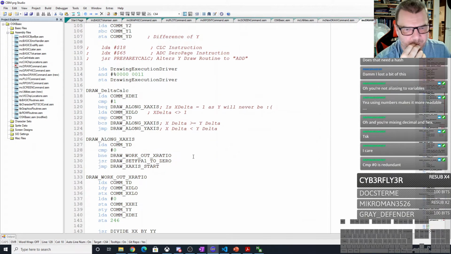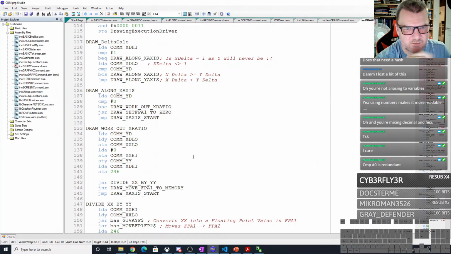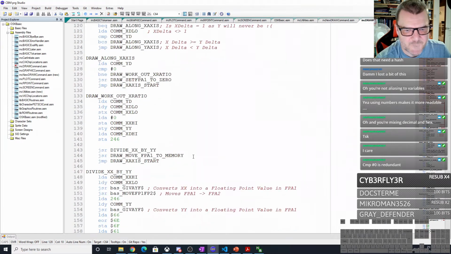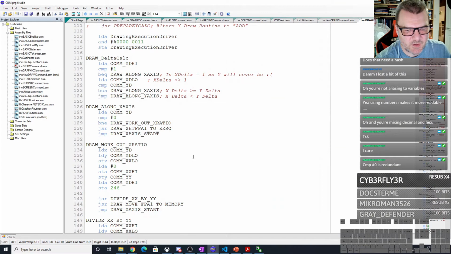Okay, so what we're going to do is rewrite this whole function to allow us to perform the X and the Y in tandem. So we're drawing along the x-axis, which means we start at y.